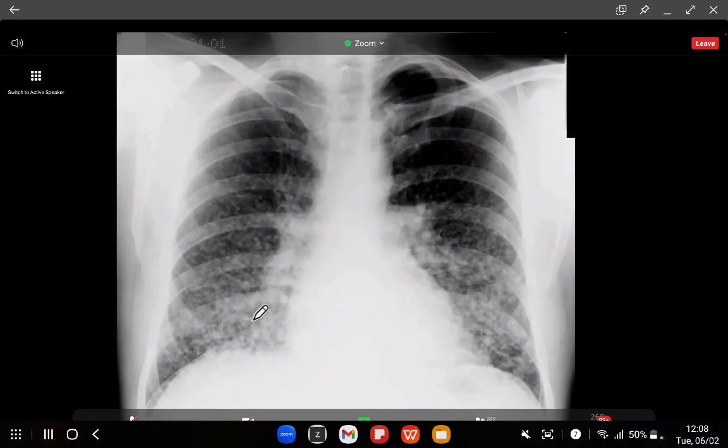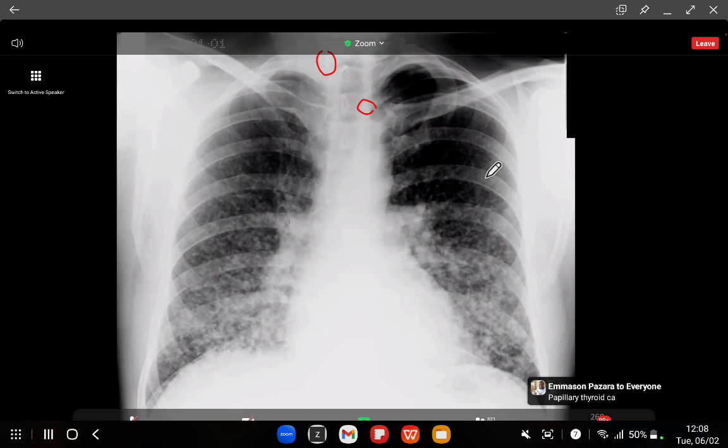Now, I don't know whether you can see this very clearly, but there are surgical clips here, and we've got multiple miliary and larger than miliary nodules. What's the most likely cause of these metastases? Thyroid cancer. Well done.